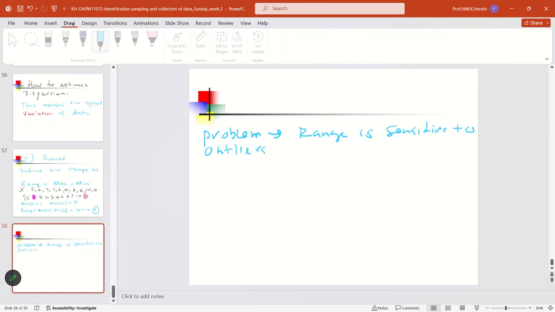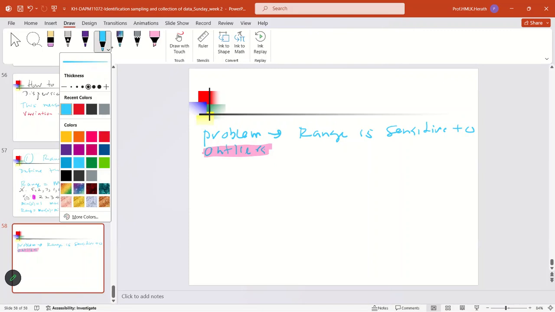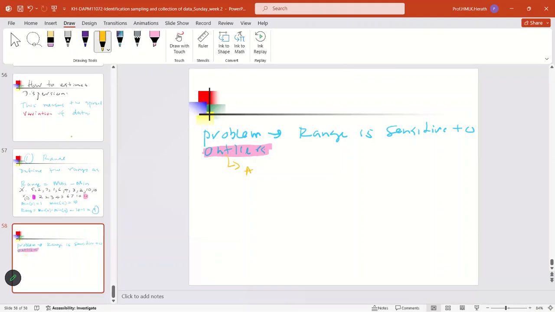What is an outlier? An extreme value compared to the values in the data set.